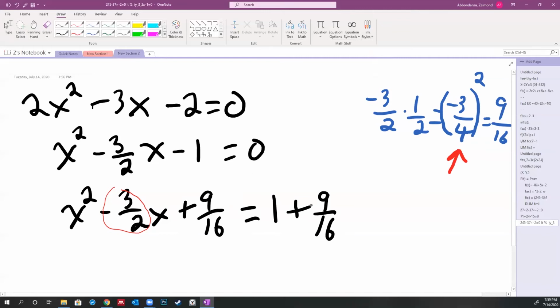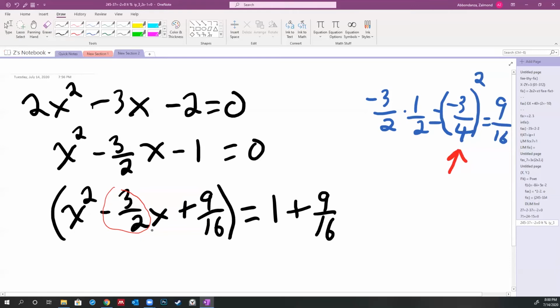In any case, we have to keep this balanced. But the addition of this number, which we figured out by taking the coefficient of the x term, dividing it by 2 or multiplying by 1/2, and squaring it, gives us a perfect square trinomial here.